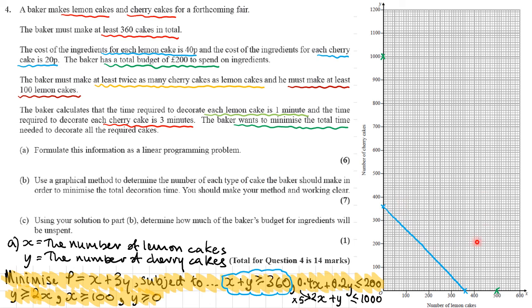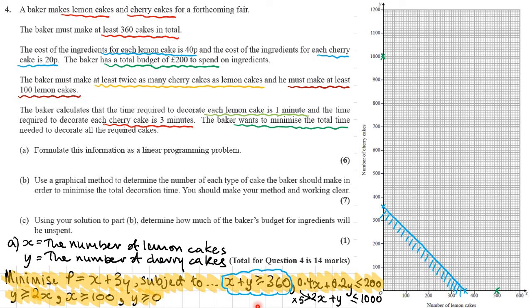So all of these points, x plus y is greater than 360, all of these it's less than 360. If you're not sure, pick a test point. So if I pick 0, 0 here, which is on this side of the blue line, that's definitely not going to be greater than or equal to 360. So I'm shading off the area that I don't want. I just find that more useful than shading the area that you do want, because then you end up with lots of lines in the middle that can be a bit confusing.